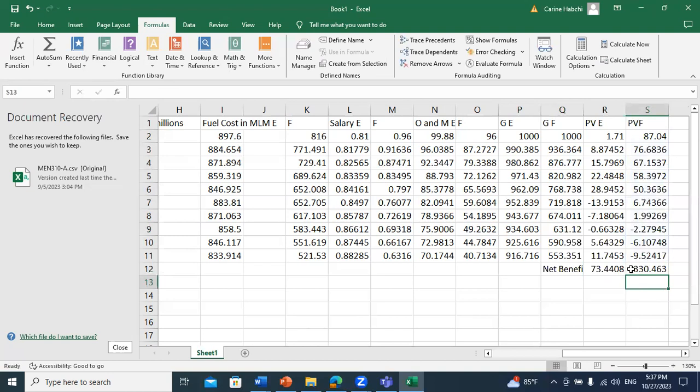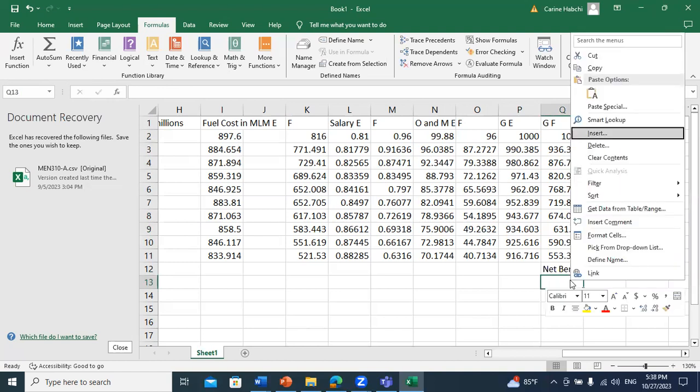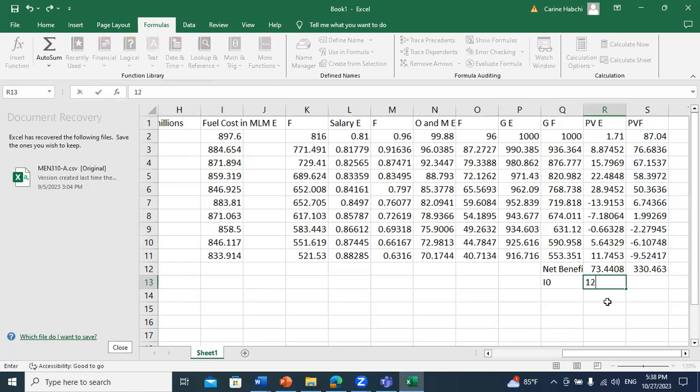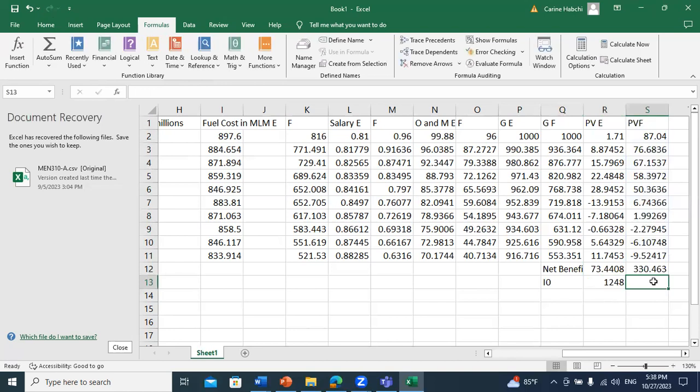And it seems the values are relatively small, because to know if it's encouraging or not, we should compare to the investment. We know the initial investment I0, which is constituted of the plant cost and the installation costs. We have computed already that for economic analysis it is 1,248 millions of local money, while for financial analysis it is 1,200 millions of local money.